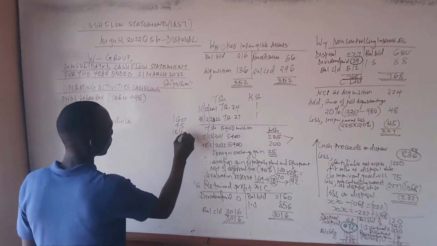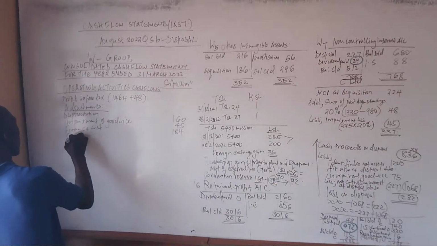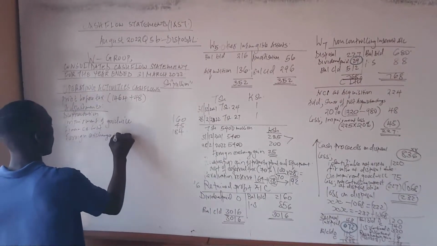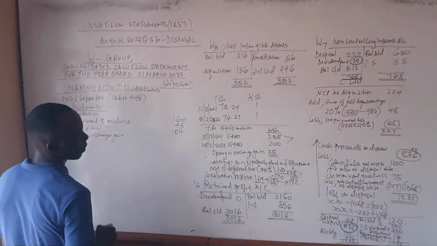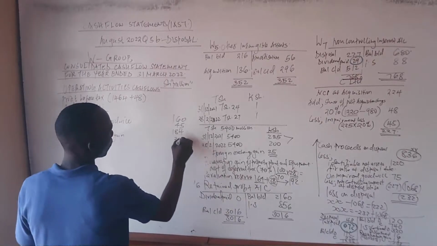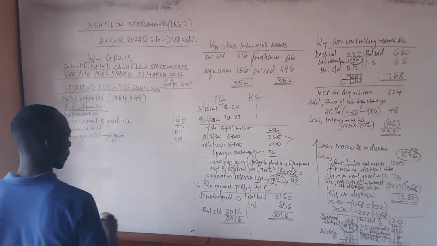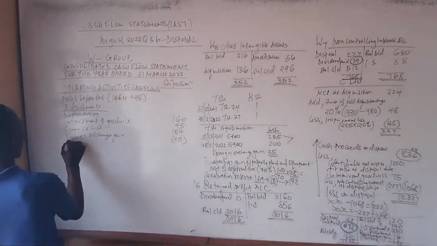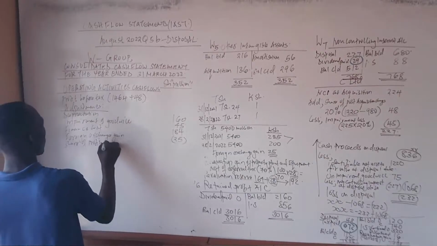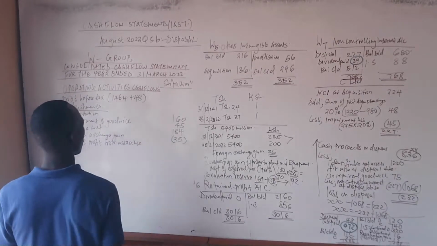Then we had computed here foreign exchange gain. How much? We had a foreign exchange gain of 25. Then from there, what else do we have? Then we had a share of profit from associate.